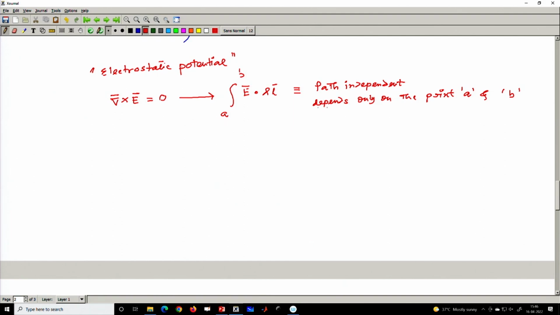So, if this is the case, then I can define a scalar quantity, which should be a function of r.